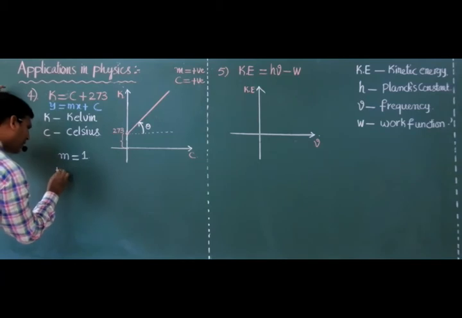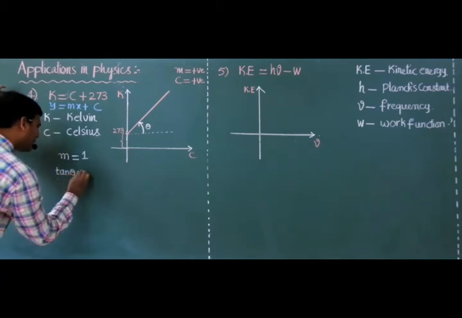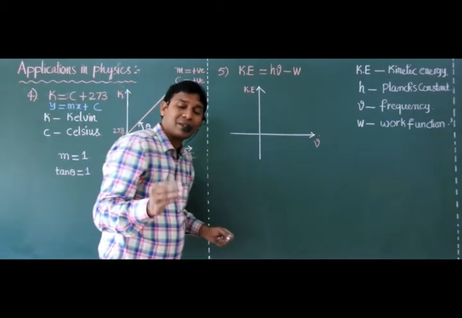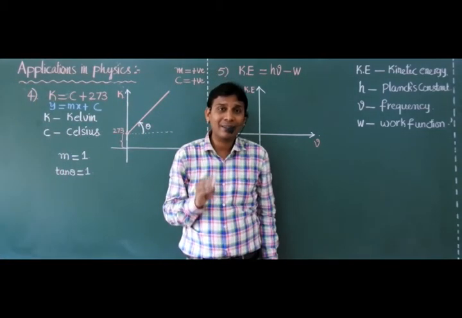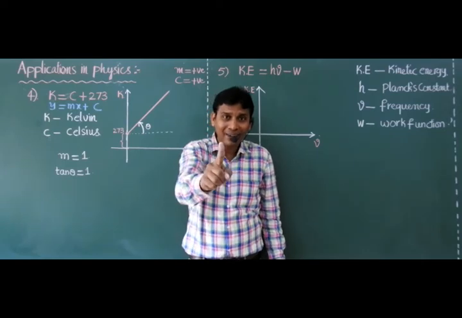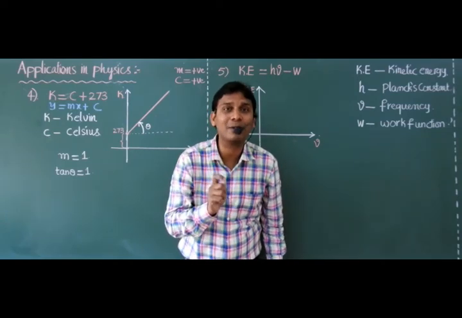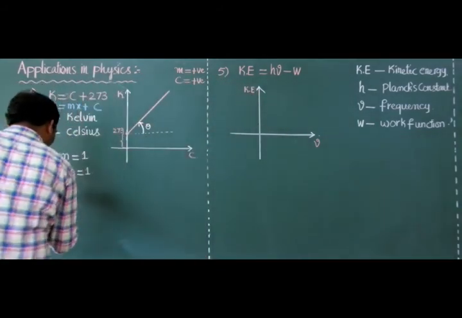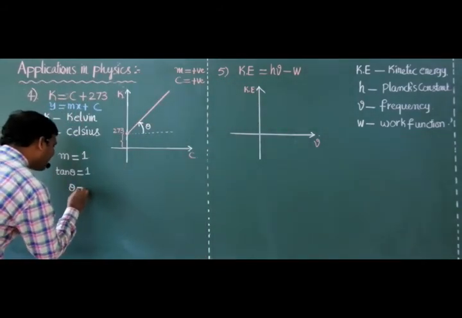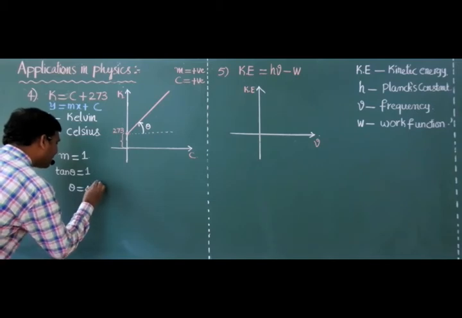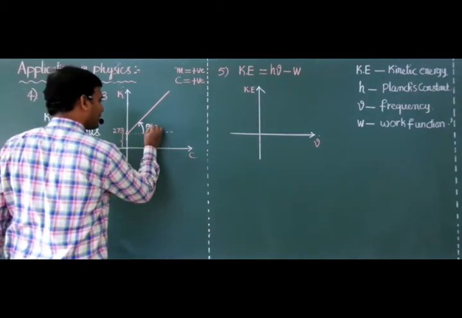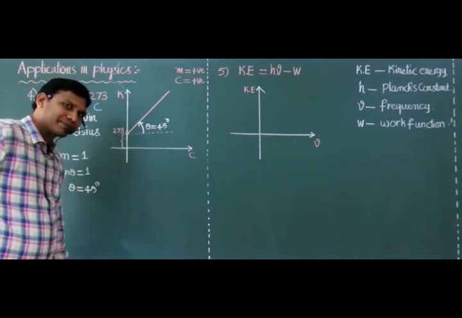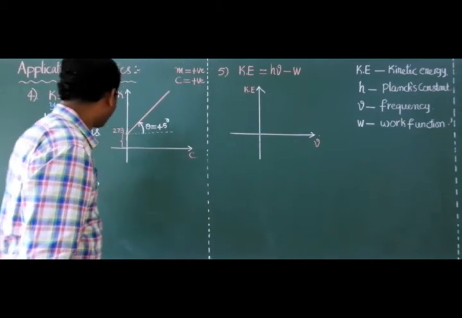Slope formula, m is equal to tan theta. Tan theta is equal to 1. In trigonometry, tan theta is equal to 1 when theta is equal to 45 degrees. Am I right? So here theta is equal to 45 degrees directly. Correct? Yes.